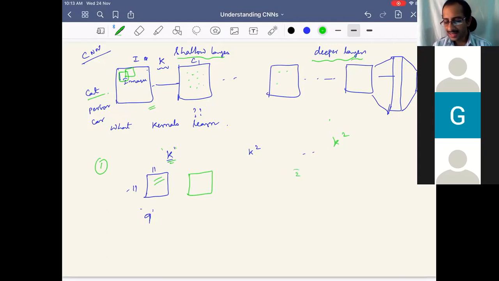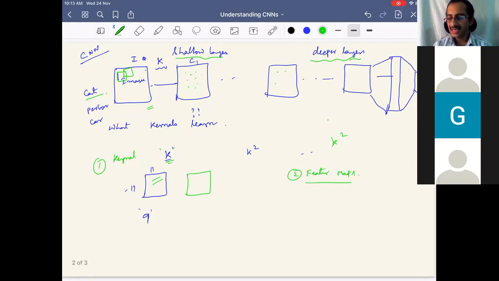So the second thing is on the feature maps. At the deeper layers, when we move more and more towards the final layer, what becomes more prominent and significant to take a call on classification or decision making is based on the feature maps.